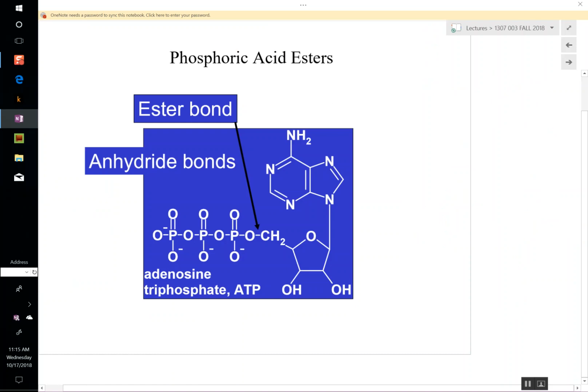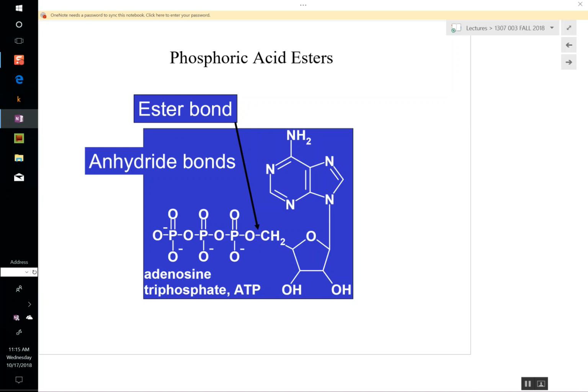Here is your phosphate ester right here. This is adenosine triphosphate. This is the energy molecule in the body. But the phosphate here has another phosphate group attached to it and another phosphate group attached to it. 3 of them in a row. That's ATP, adenosine triphosphate.